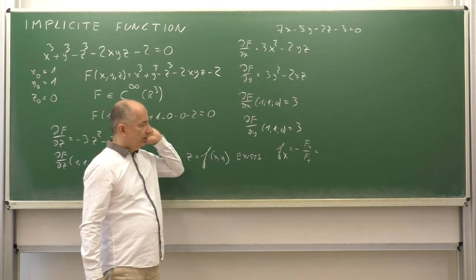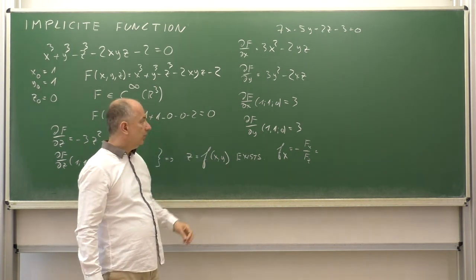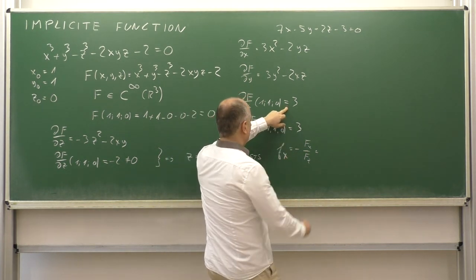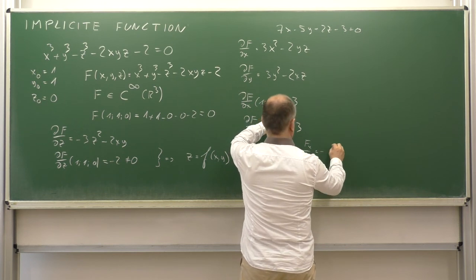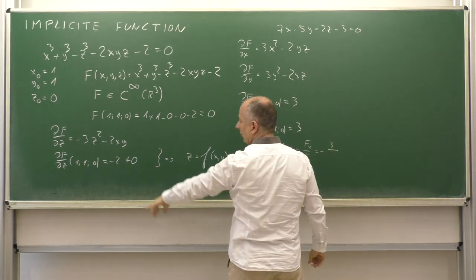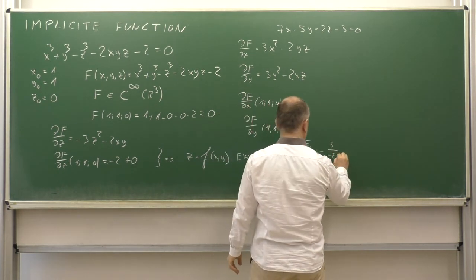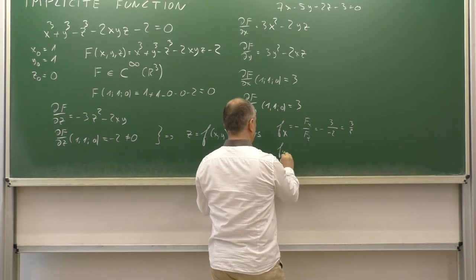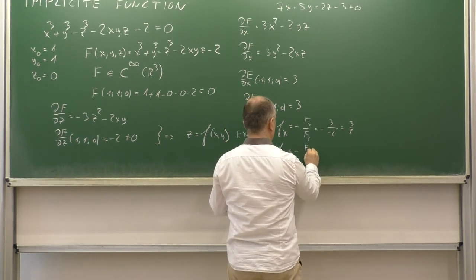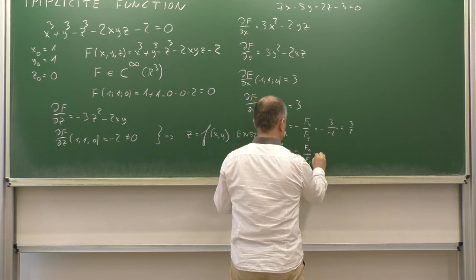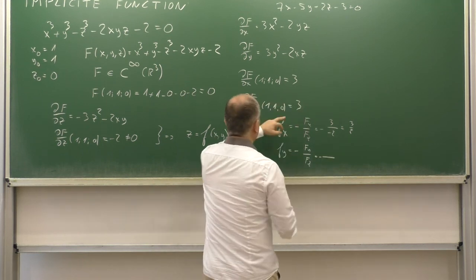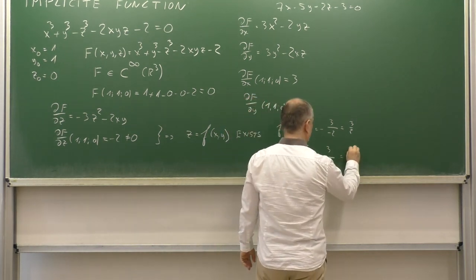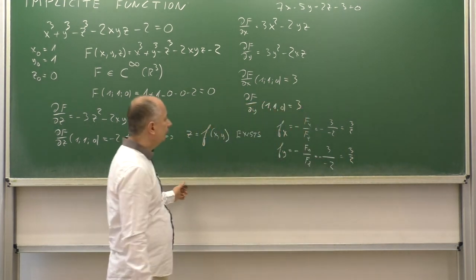And when we are interested in the values at this particular point, we can use these results already. So this will be minus 3 divided by minus 2, which is 3/2, and f with respect to y will be minus F_y divided by F_z, which is 3 divided by minus 2 with a minus sign, which is again 3/2.